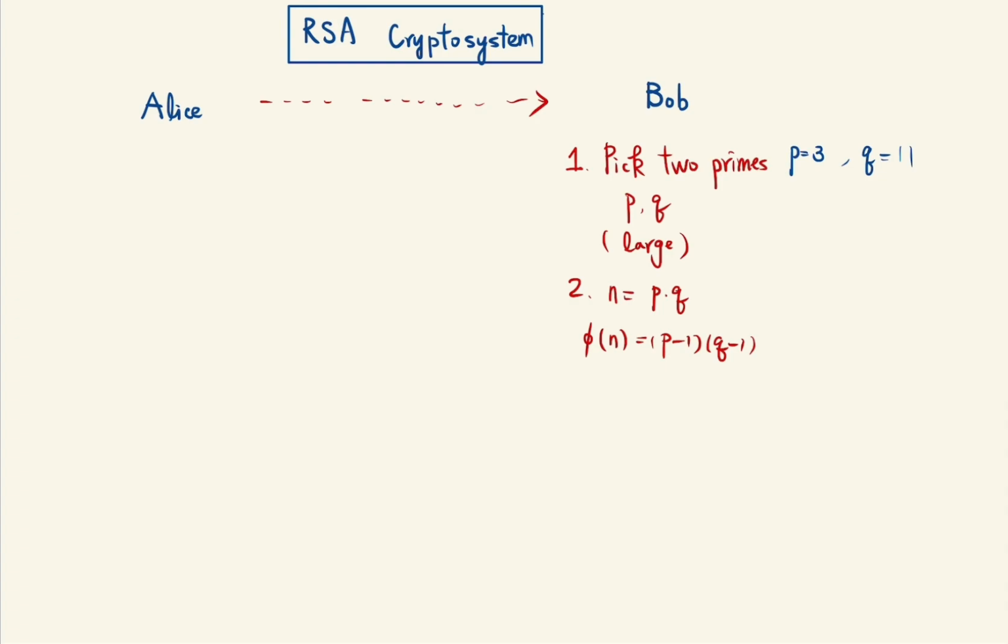This is called the Euler totient function. So here we have N equal to 33 and phi(N) equal to 20.